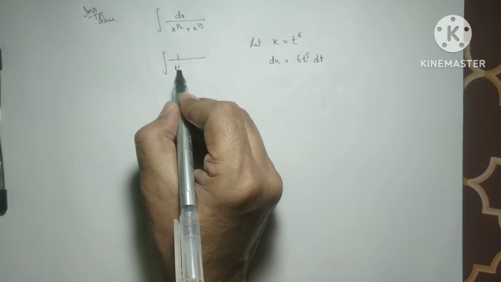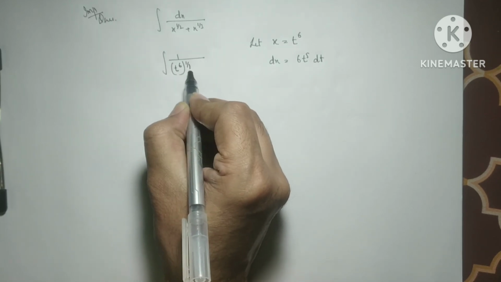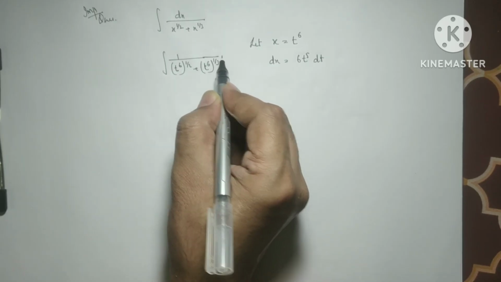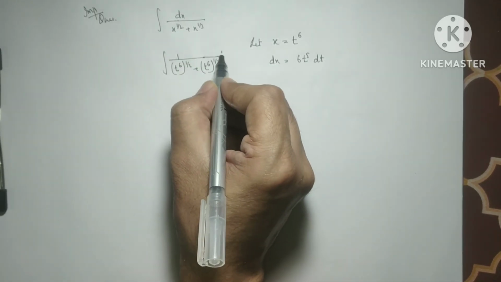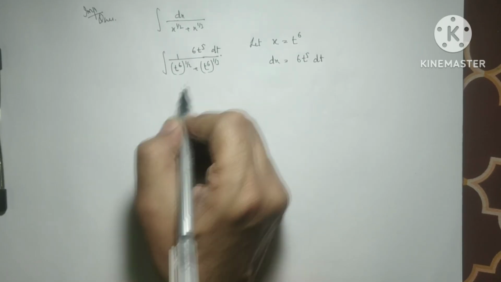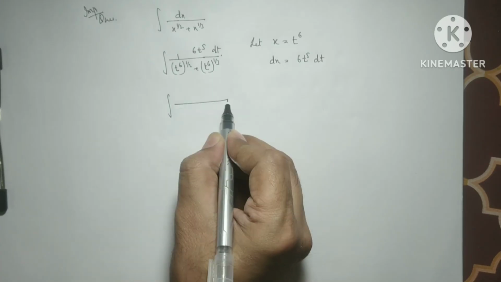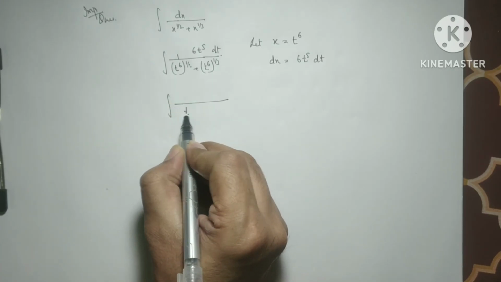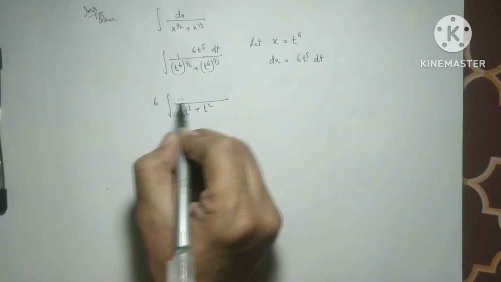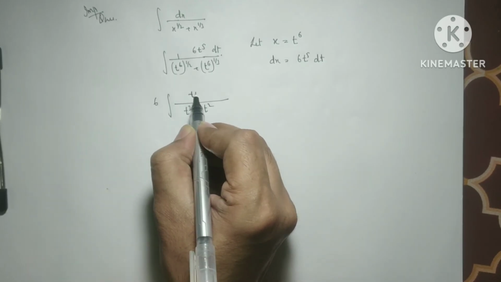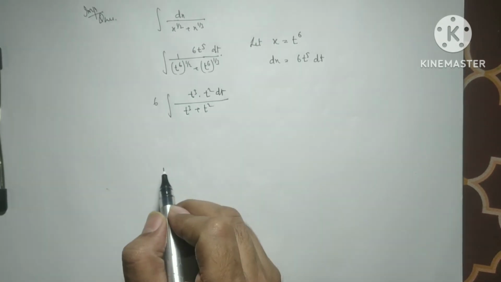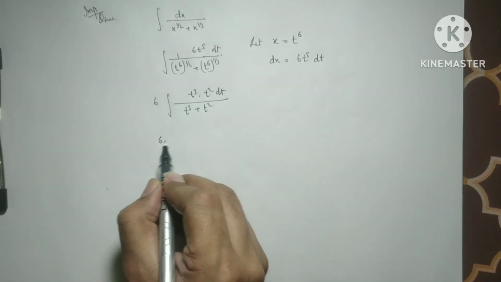x as t to the power 6. So in the denominator it is t to the power 6 by 2 plus t to the power 6 by 3, and in place of dx we will place 6t^5 dt. So this becomes, in the denominator, t cube plus t square, and there is t^5 in the numerator.